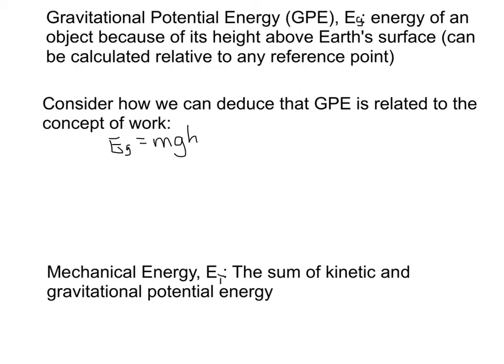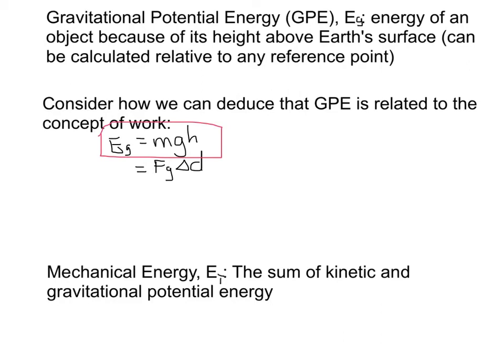So if we want to show that this has anything to do with work, we need to show that it is force and displacement. Well, force is essentially the force of gravity, mass times g, and height is our replacement for the up and down displacement. So you can see that it is definitely very much related to work. The key here is that this is your equation for gravitational potential energy.